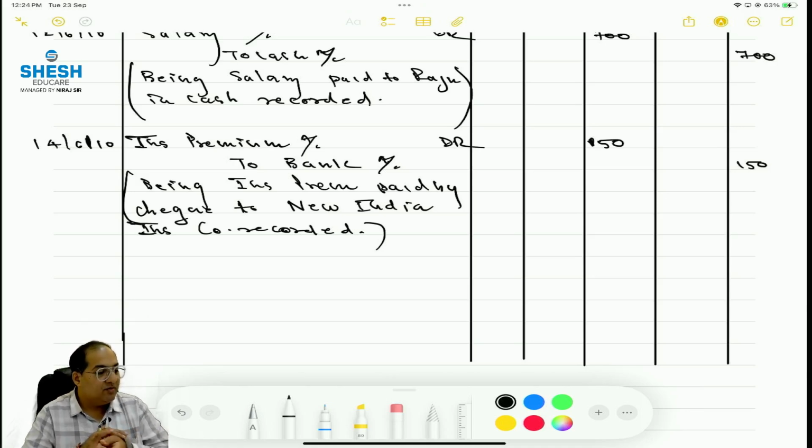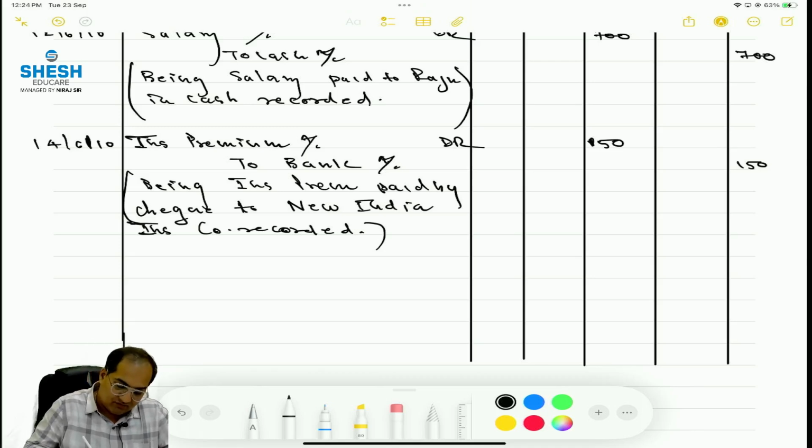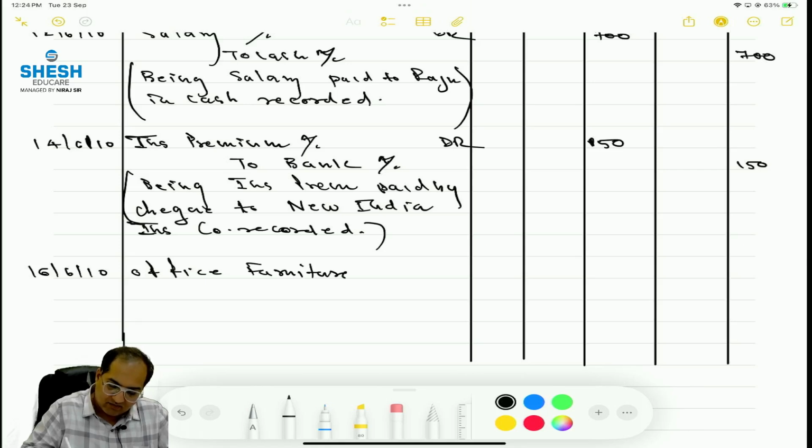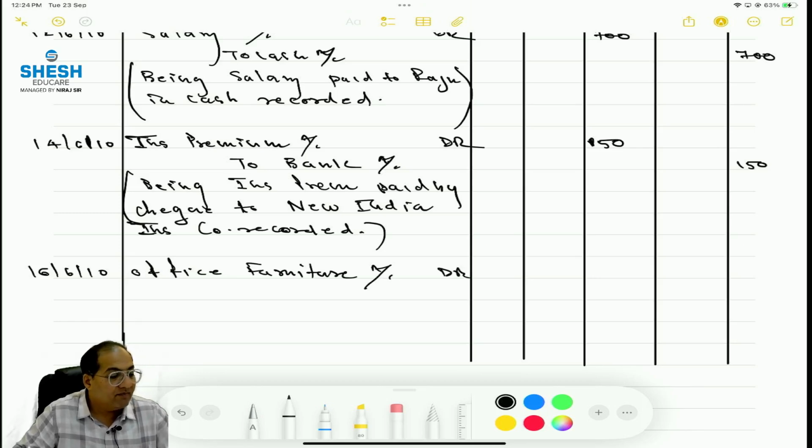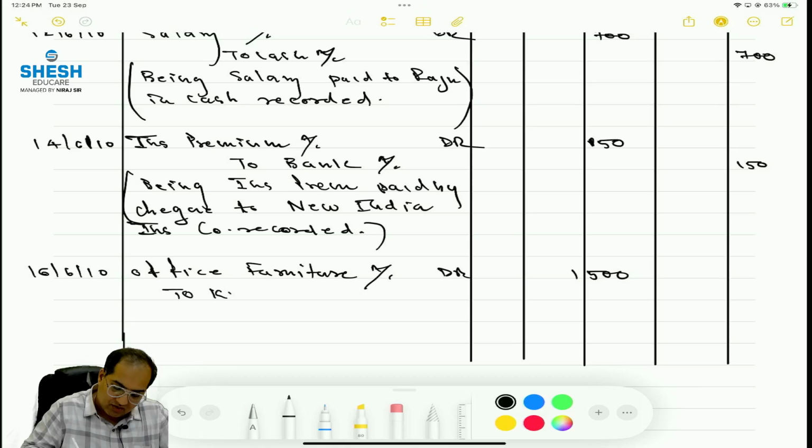Next, purchase office furniture from Kanti and Company 1500 on 16th of June. Okay. Office furniture account debit. Debit what comes in. Office furniture is a real account and not given in the problem. We have paid cash, but the name of the company is given, Kanti and Company. So that's a personal account. So we have bought it on credit basis, to Kanti and Company's account 1500.